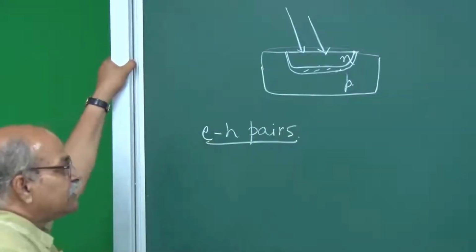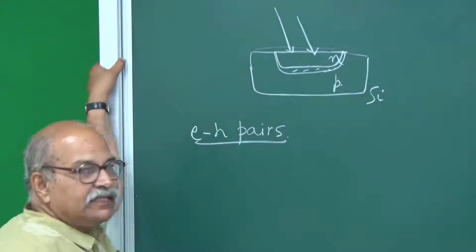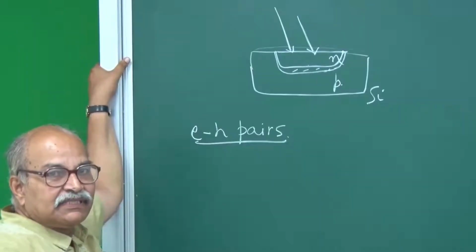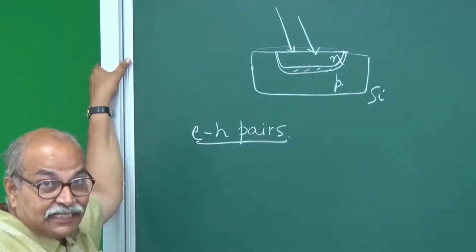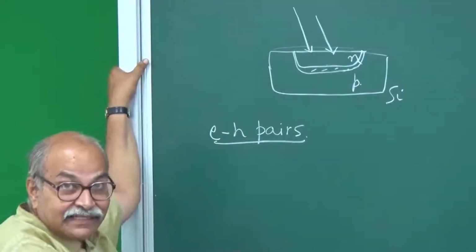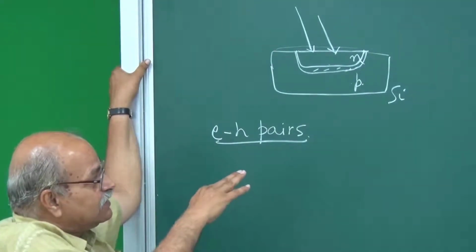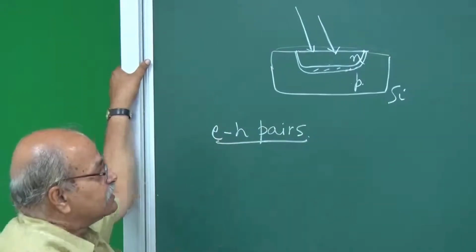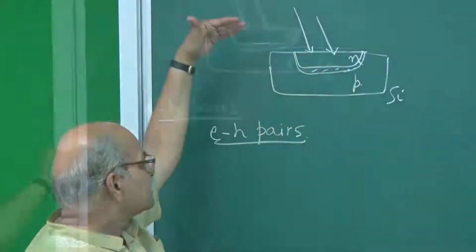Now there is a catch here. This is silicon I am talking about, and silicon is an indirect band gap material, and therefore this radiative type of absorption is less likely, but still whatever the probability is, it is being used to make these silicon solar cells.